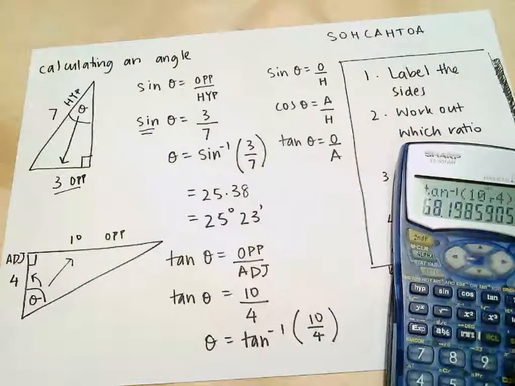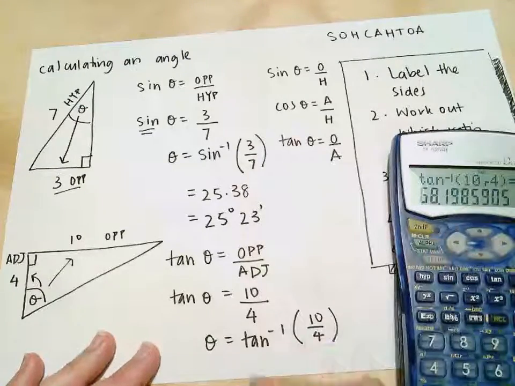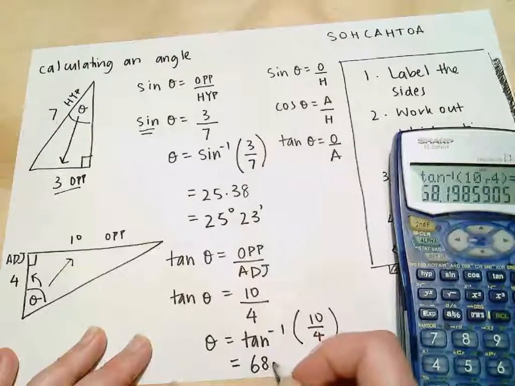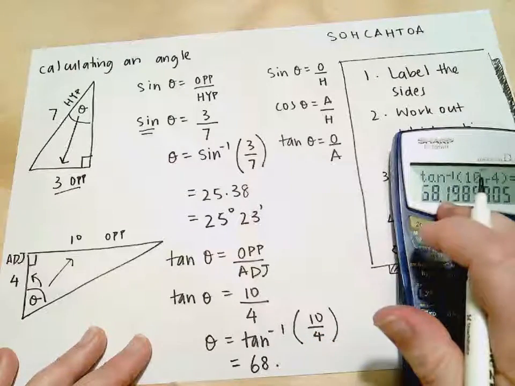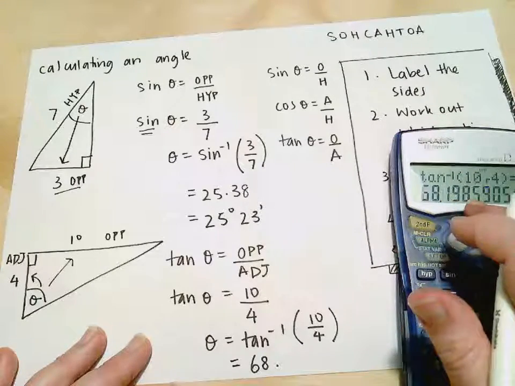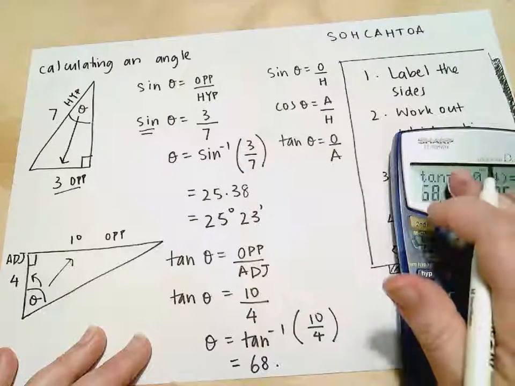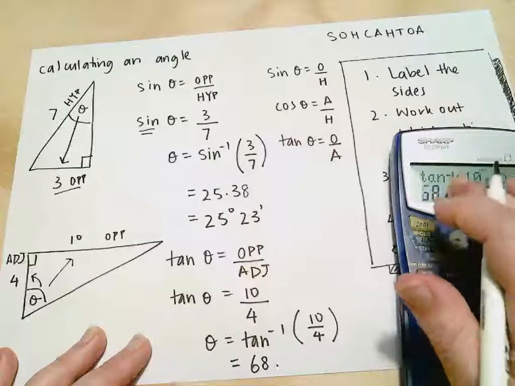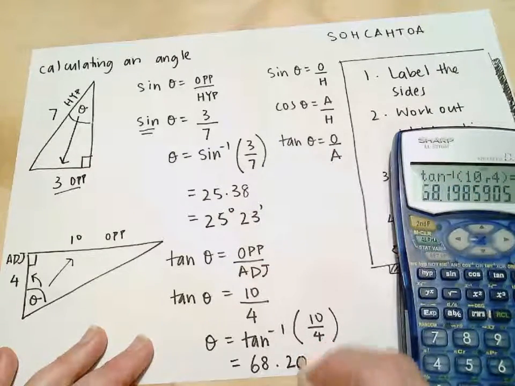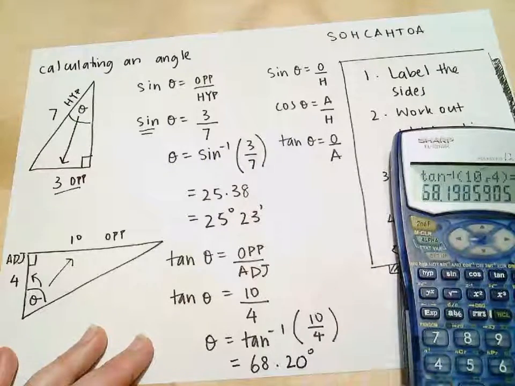If I was writing that to 2 decimal places, this wouldn't be 0.19, that 8 pushes this 9 up, and as soon as that 9 jumps up, that's going to push this 1 up. So it's actually going to be 68.20 degrees.